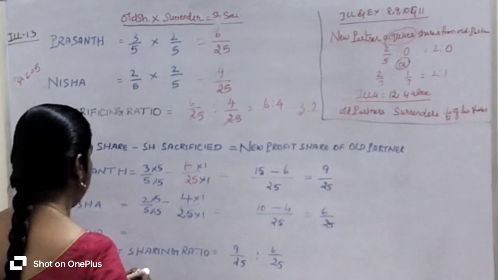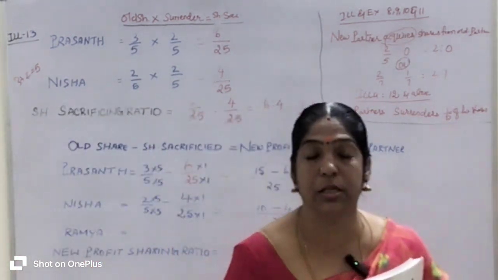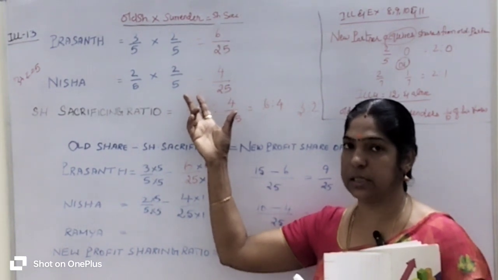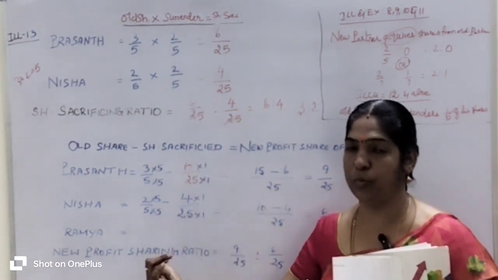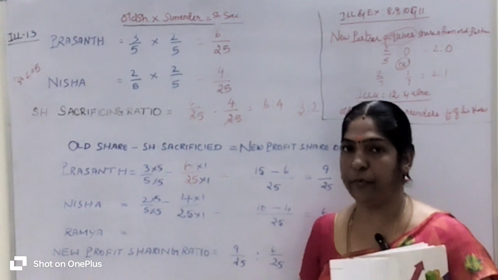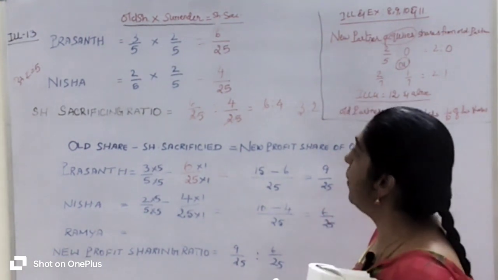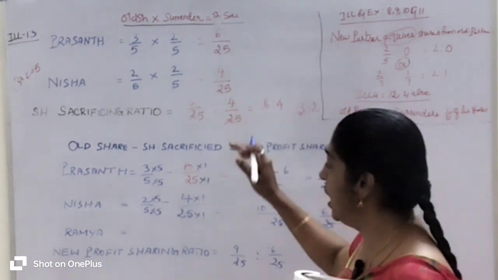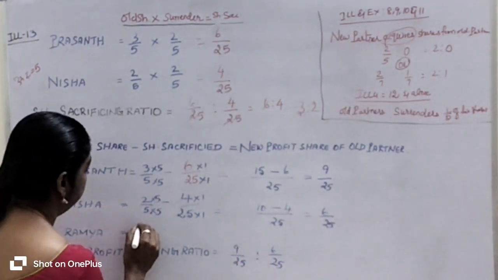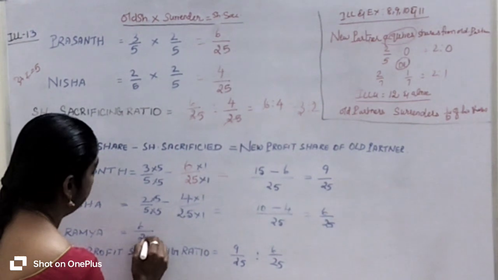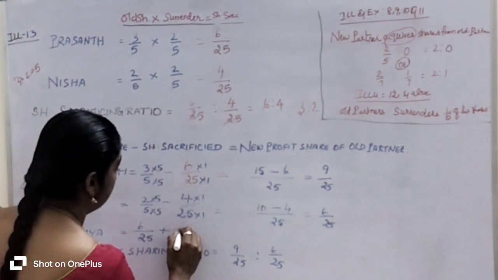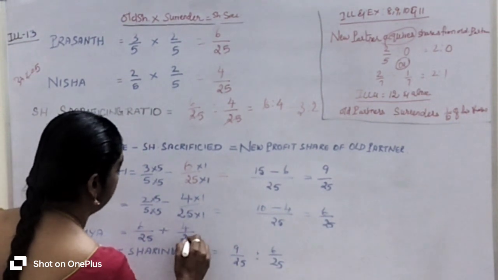Then we are going to find out the new partner Ramya's new profit sharing ratio. Old partners sacrifice their share of profit only. New partner gets the new profit sharing ratio. Old partner Prashant's share sacrificing ratio is 6 by 25 in favor of new partner Ramya, and Nisha's sacrificing ratio is 4/25 in favor of Ramya.